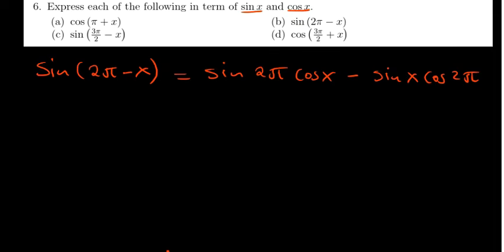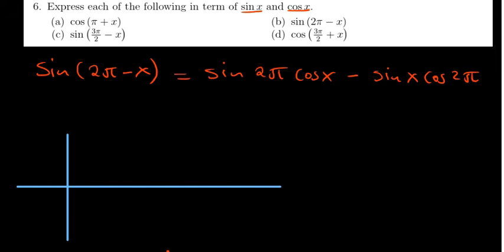So this is like the ending point of the graph. Take note of the sine graph: wherever it starts from, that's where it ends. If it starts from 0 like the sine, it will end at 0 again.